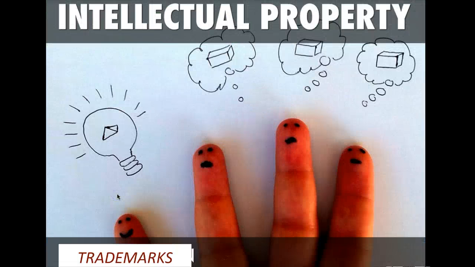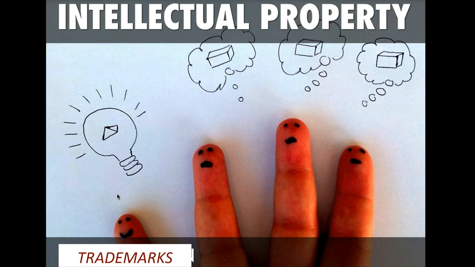So let's talk about trademarks as a type of intellectual property. We've already discussed in different sections different types of intellectual property, and we know that intellectual property has its basis in human creativity or human ideas that are expressed in different ways.